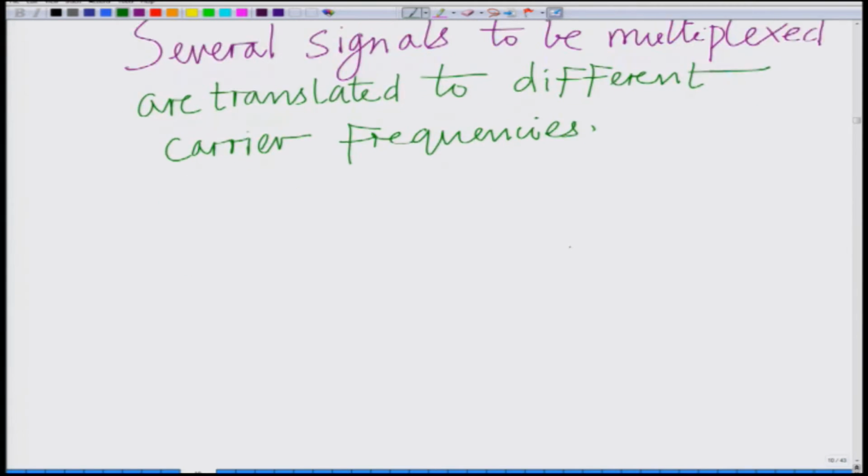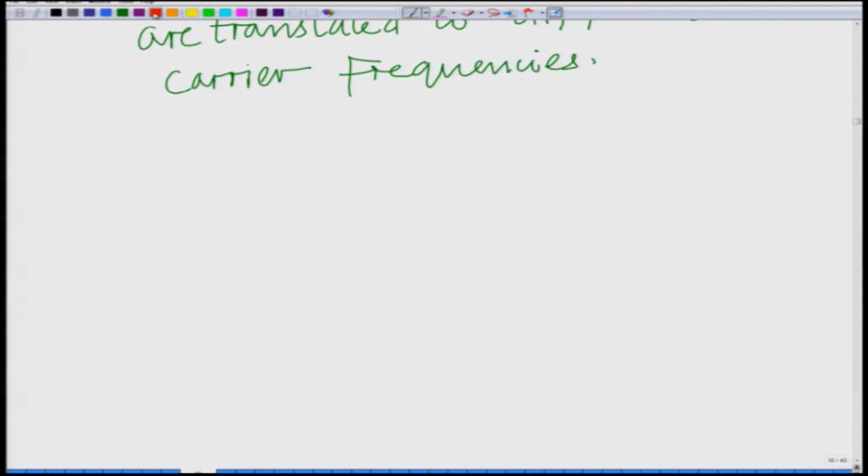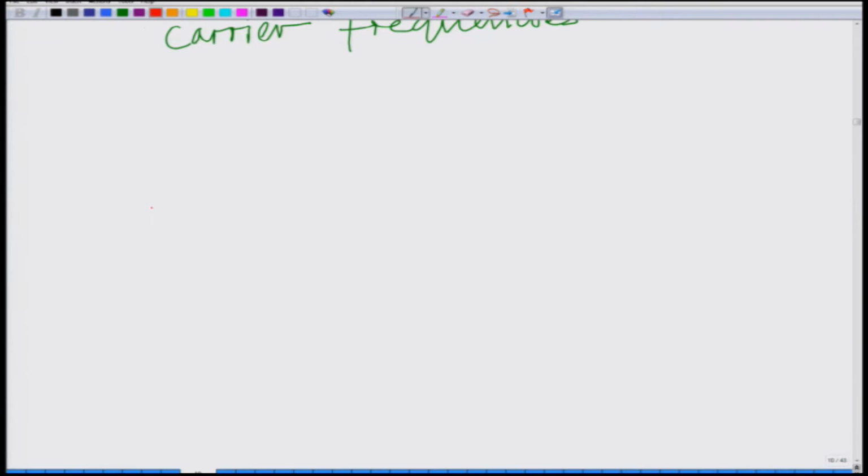For instance, let us consider a simple example. Let us say I have these 3 different signals with spectrum M1(F), this is the spectrum of signal M1(t).